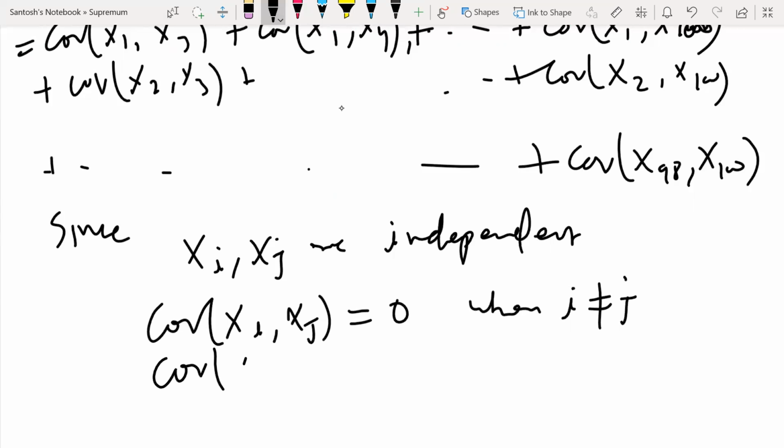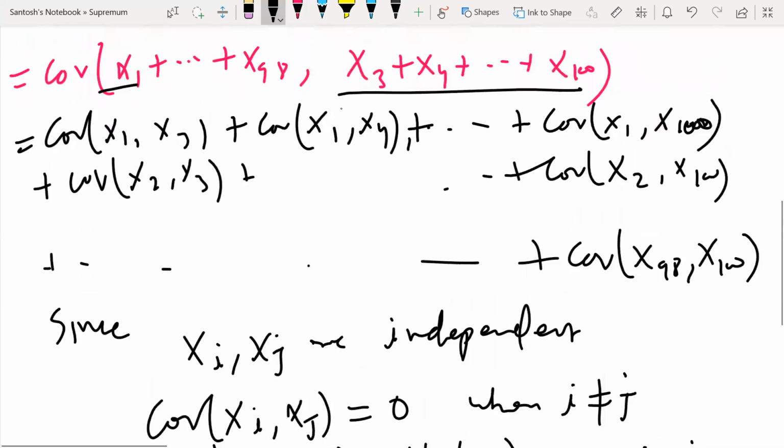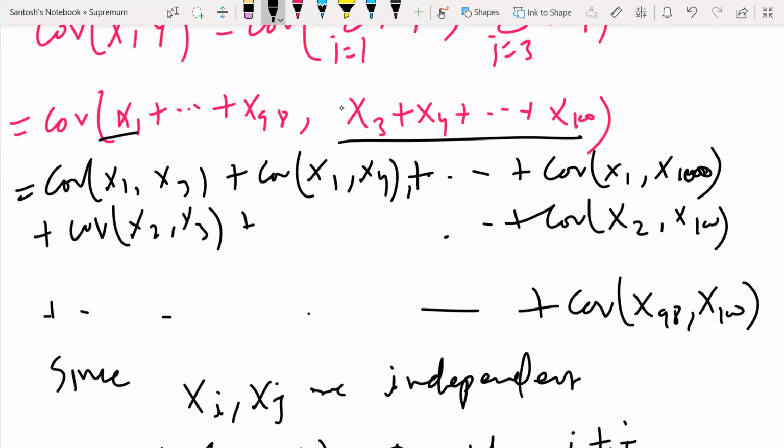When i is equal to j, covariance of xi xj is the variance of xi. So covariance of x1 x3 is 0, x1 x4 is 0, and like that.